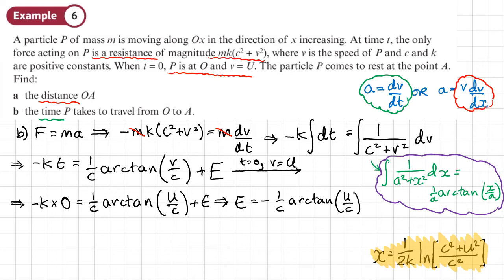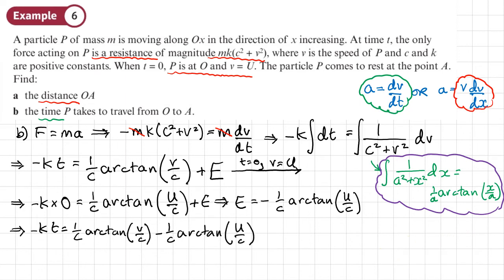So our full expression is going to be minus kt is equal to 1 over c arctan (v over c) minus 1 over c arctan (u over c).